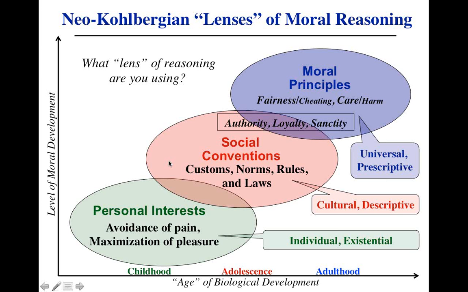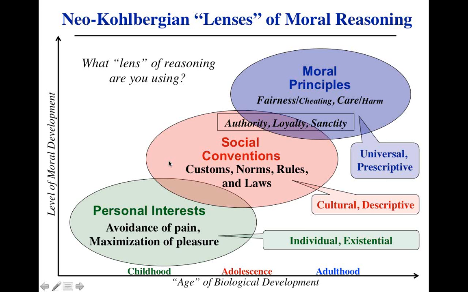As we emerge into adolescence, social conventions and conventional reasoning become more dominant, and that is using the customs, norms, rules, and laws of our society. In this way, conventional reasoning is cultural and descriptive. It is not until late adolescence and even into adulthood that people fully appreciate moral principles. These are more abstract.